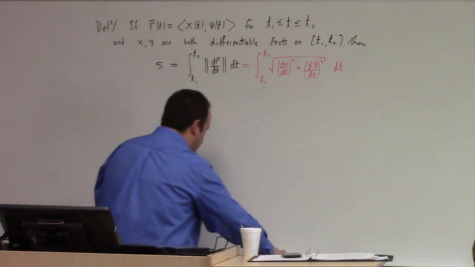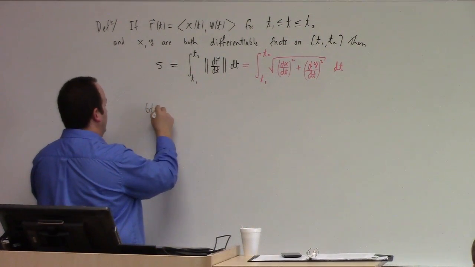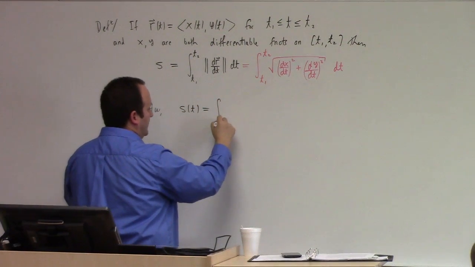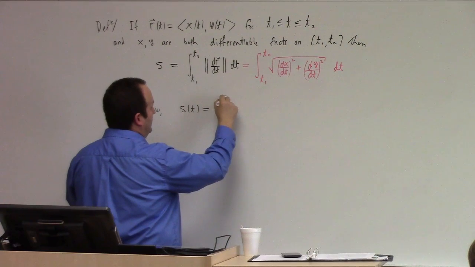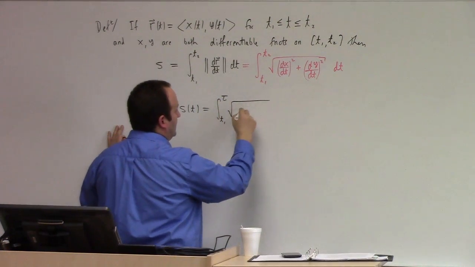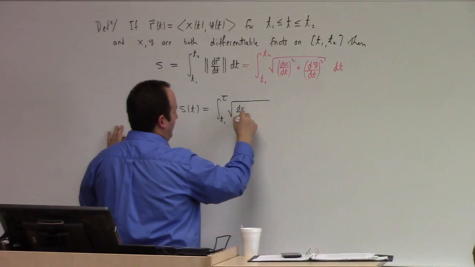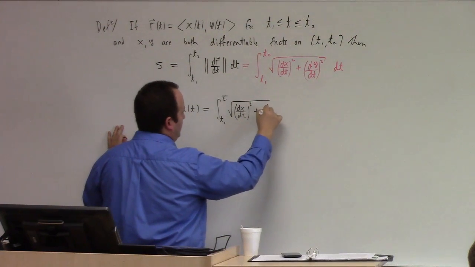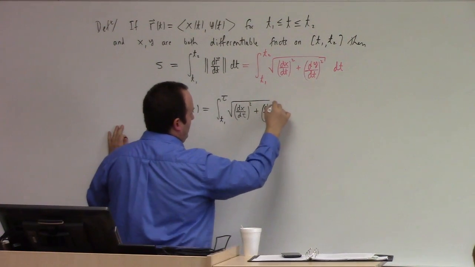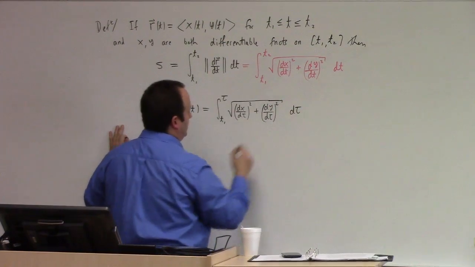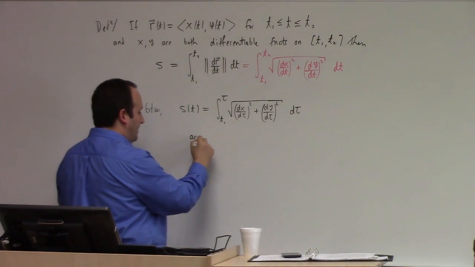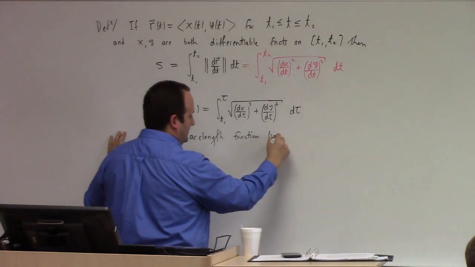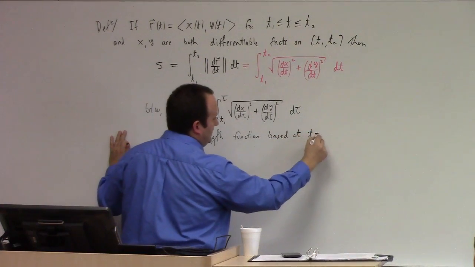The arc length function, by the way, s of t, is just defined to be the integral from t1 to t of the square root of dx d tau squared plus dy d tau squared, d tau. This is the arc length function, based at t equals t1.